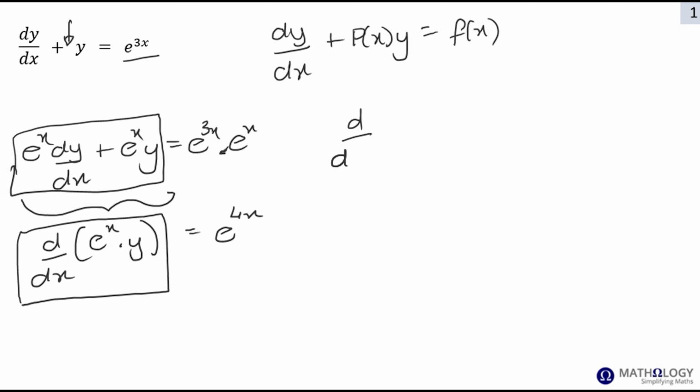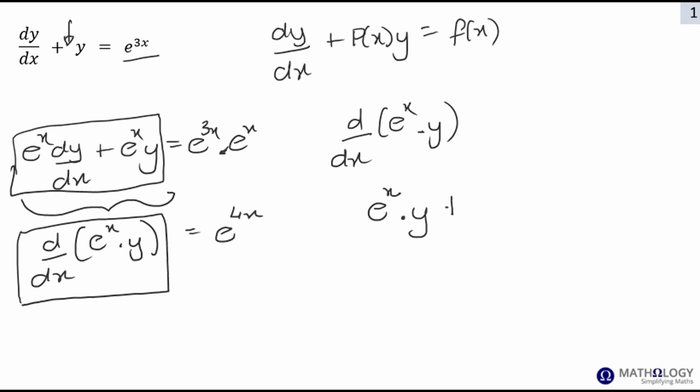So we're differentiating e^x times y with respect to x. The derivative of the exponential function is the exponential function again, and using the chain rule we multiply by the derivative of x, which is just 1, so we don't need to put that in. And y we treat as a constant here, so we have the y.